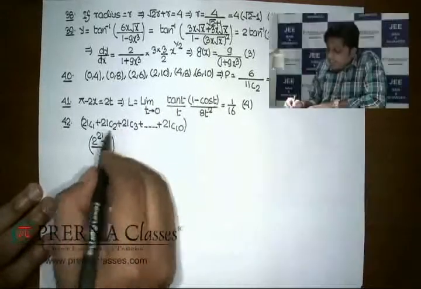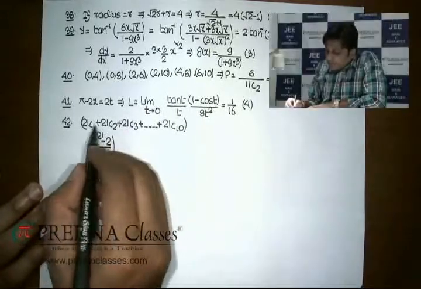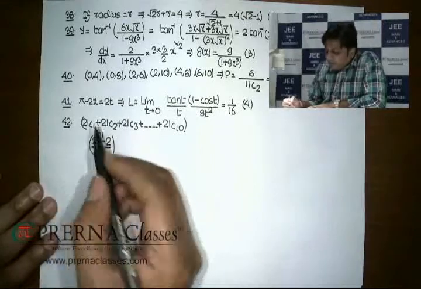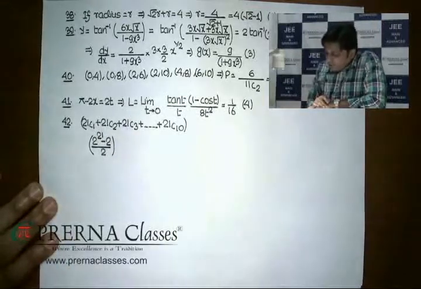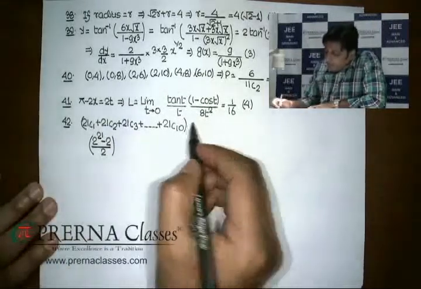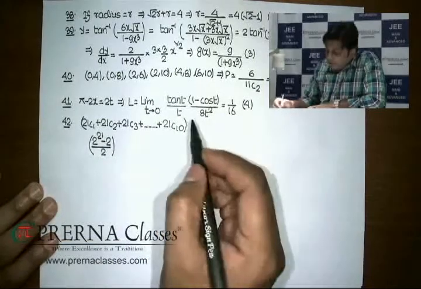That is, we are considering the expansion of 1 plus x to the power of 21, putting x as 1 and minus 1, and then combining those two in a suitable way.